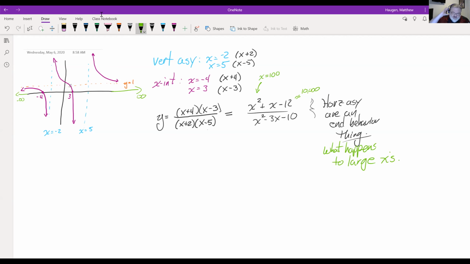And that's the argument here. For large values of x, these other terms don't make that much of a difference. Fair? Same down here, the 10,000 minus 300 minus 10.